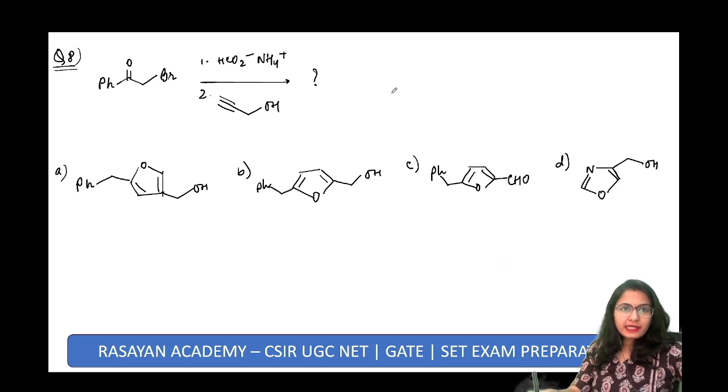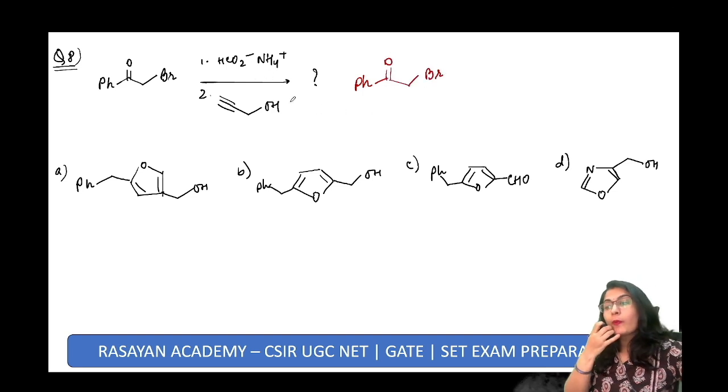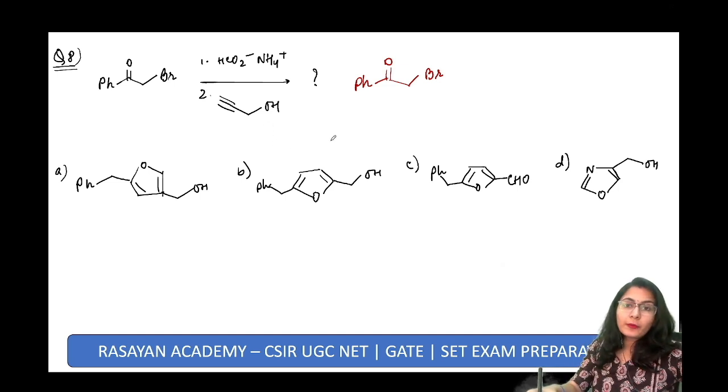Alright guys, so it might seem like a very tricky question. Let's see what's going on. You have HCOO minus. So what is that HCOO minus going to do? As long as you have an electrophilic position, it is just going to attack. That's it.